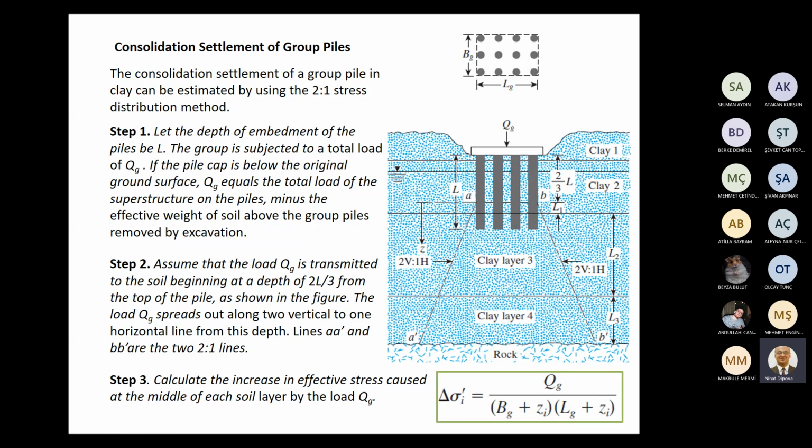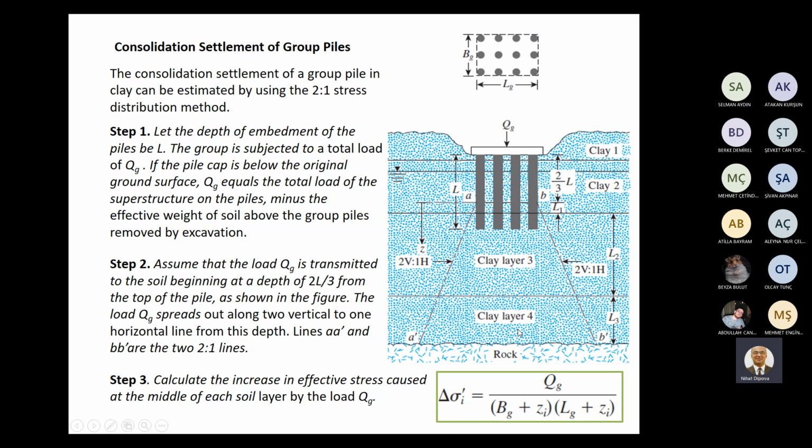In step 3, we will calculate the increase in effective stress caused at the middle of each layer. For example, in this layer, we will calculate stress increase for this depth, mid layer. Similarly, for this clay layer, we will determine stress increase at midpoint of this layer.